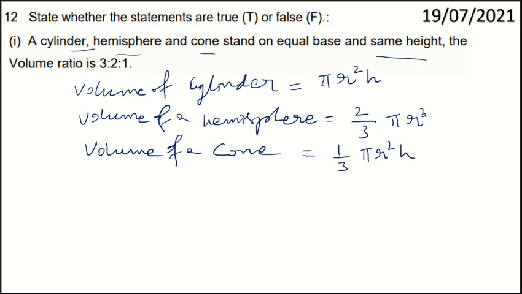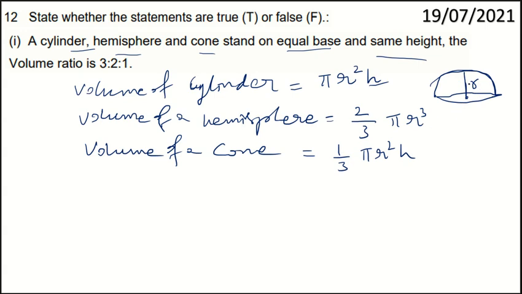Now, the question comes to the h aspect. They have equal base, means their base area is the same, and equal height. Always remember, the hemisphere always has its radius as the height.